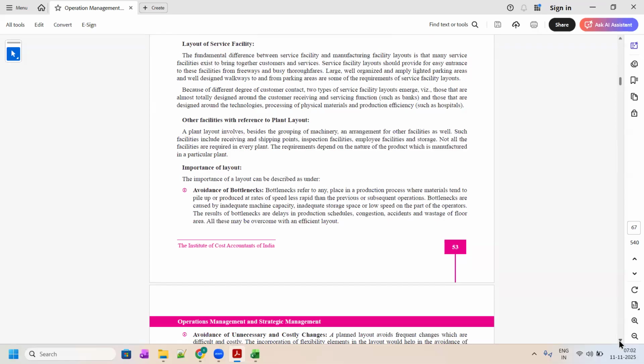In the case of fixed position layout, products stay in one place while the machines, material, labor, everyone moves depending upon the work requirement. In cellular layout, machines are grouped by part families, while in combination layout, we use a mix of layouts. Any doubt, any question?